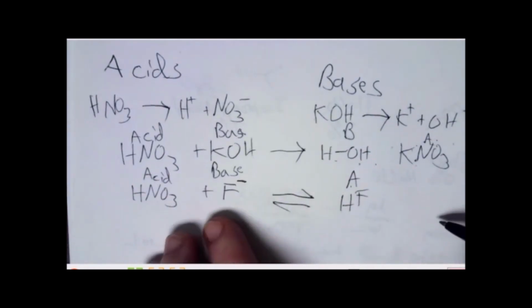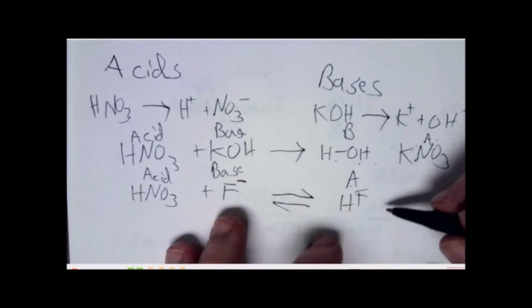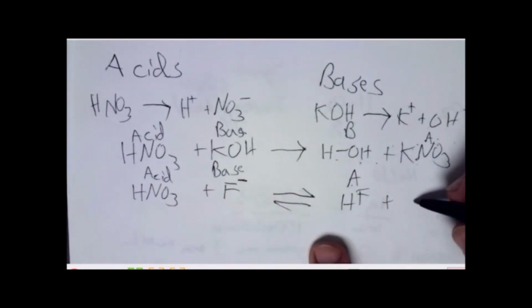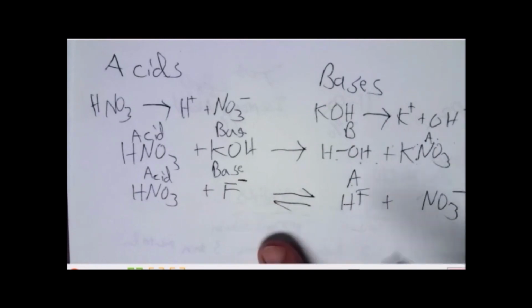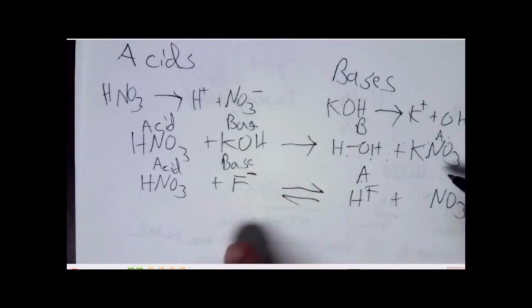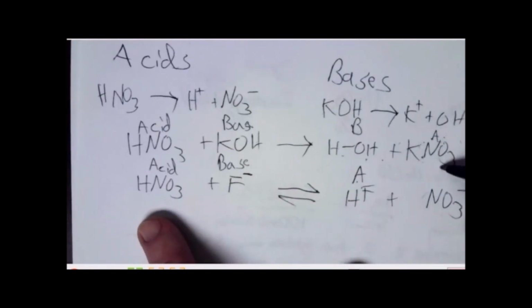The base has accepted the proton, and the acid has donated the proton. Because of the nature of this, if this were to go backwards, this would be an acid donating the proton back to the base.